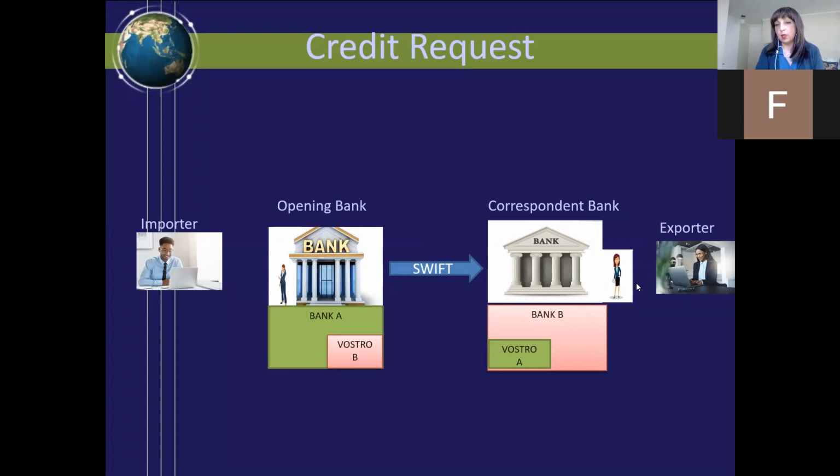Otherwise, the teller of this bank will not pay unless this person shows the evidence that the merchandise is already being exported. Okay, so that is more or less the process. As I told you before, we are going to see the detail of the process next class. But today we're going to see all the conditions, so in order for us to discuss it next class, we need to know what is coming.